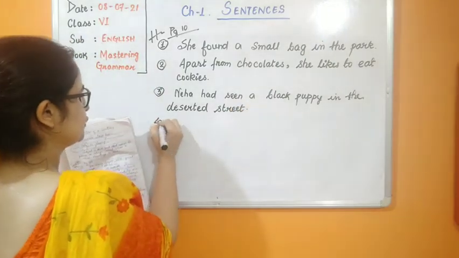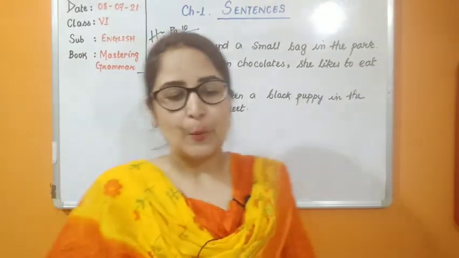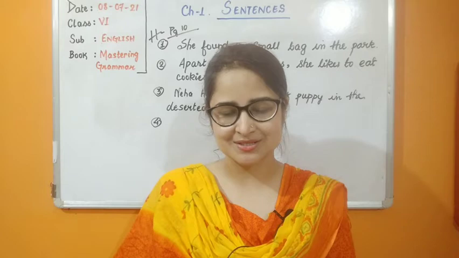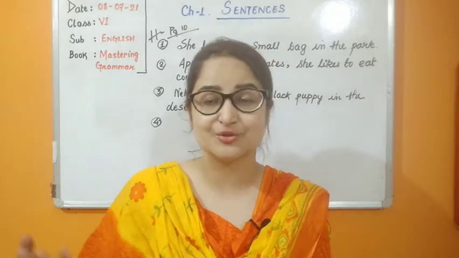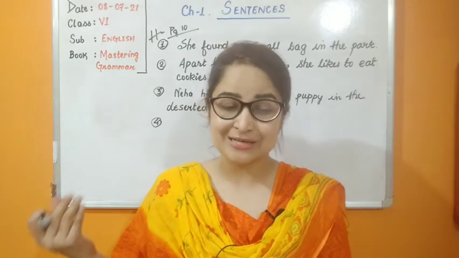Okay, now number 4. What do we have? When Neha is hungry, she loves to eat donuts. So if you have written she loves to eat donuts for number 2, you can write here she likes to eat cookies.